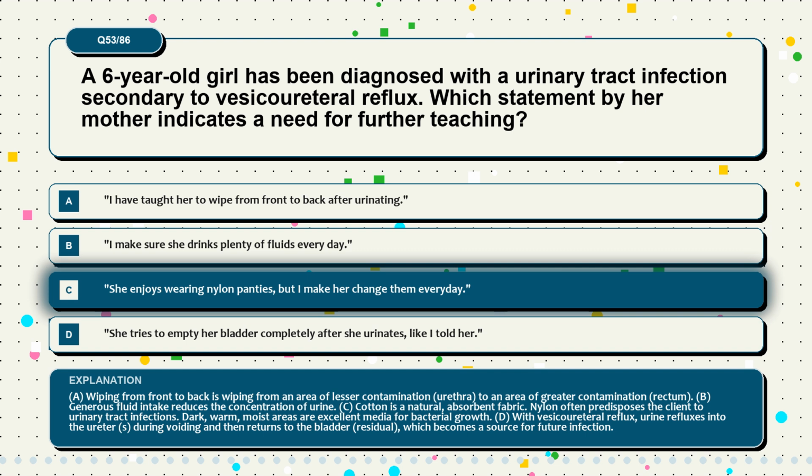C. Cotton is a natural, absorbent fabric. Nylon often predisposes the client to urinary tract infections. Dark, warm, moist areas are excellent media for bacterial growth. D. With vesicoureteral reflux, urine refluxes into the ureters during voiding and then returns to the bladder as residual, which becomes a source for future infection.